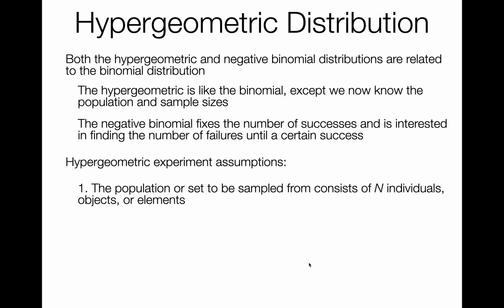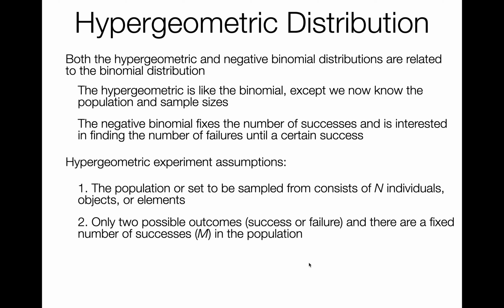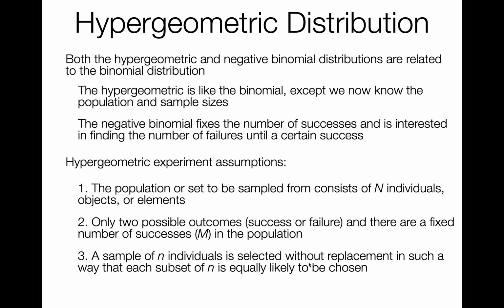There are only two possible outcomes, just like the binomial distribution, success or failure, and there are a fixed number of successes in the population. So not only do we know the population size, capital N, we also know how many successes of a certain type are in the population, capital M.